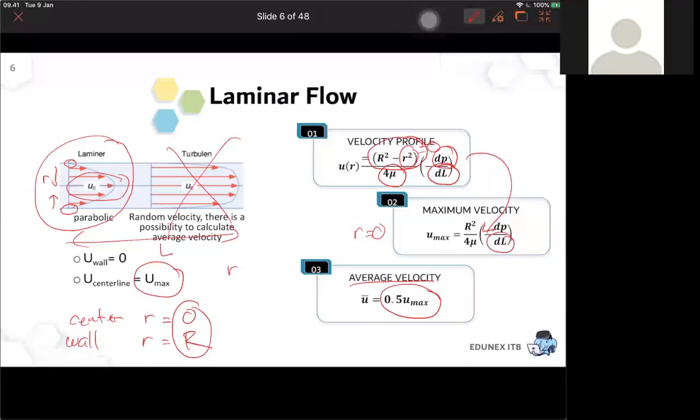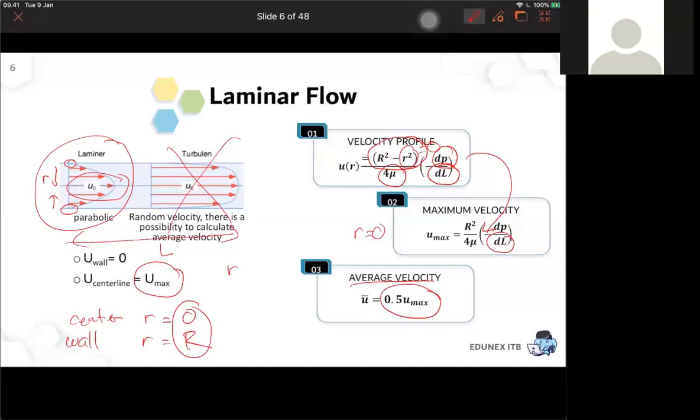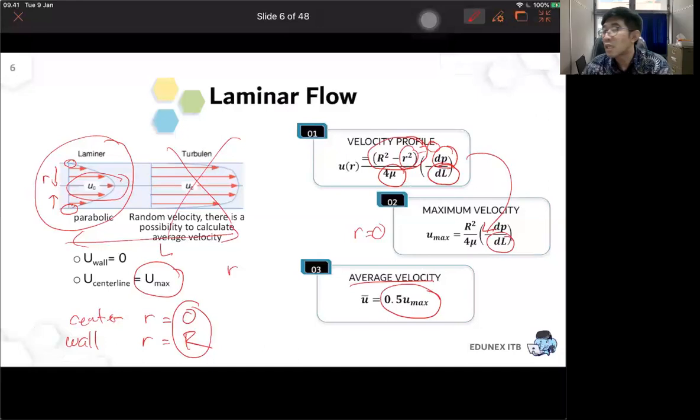Sir, the dP over dL is negative because it's a resistive force, right? Yes, sir. Because it's like friction force, nggak sih? Bener nggak, sir? Because if L increases, then the pressure will decrease because of the friction.